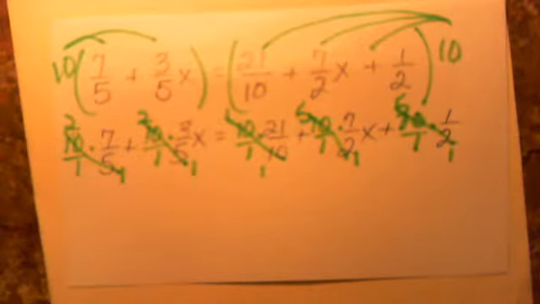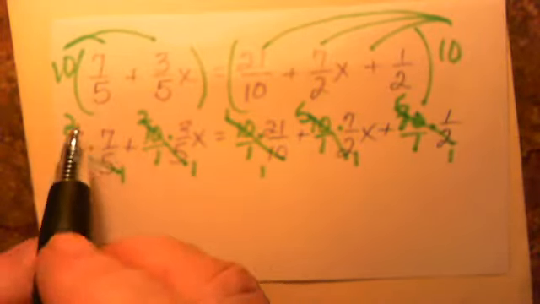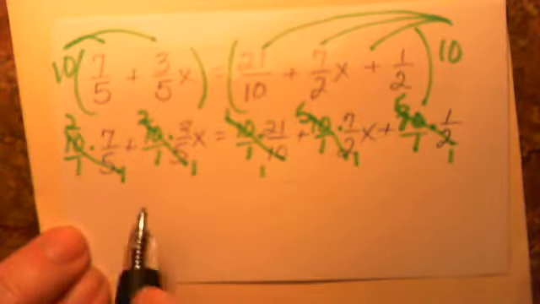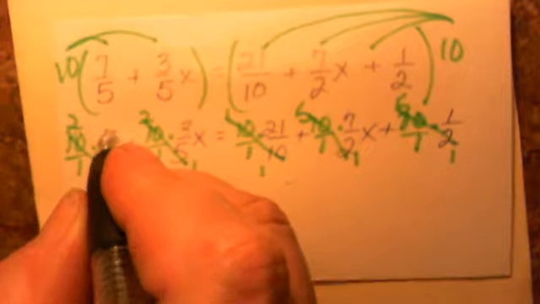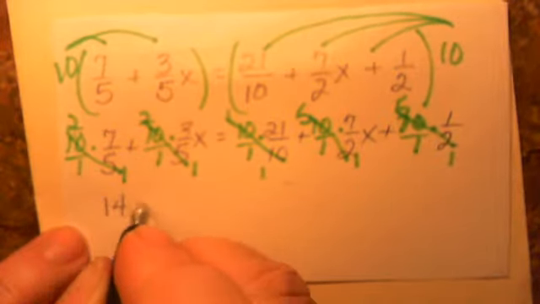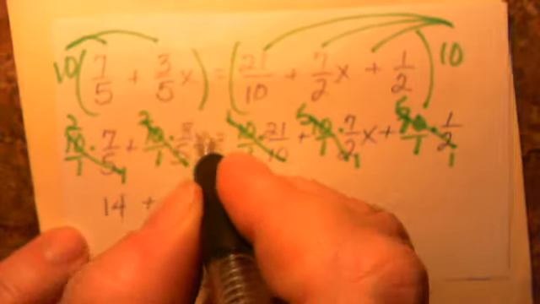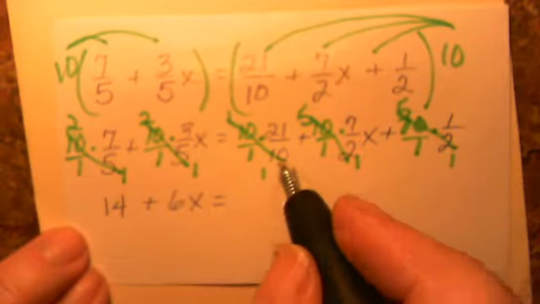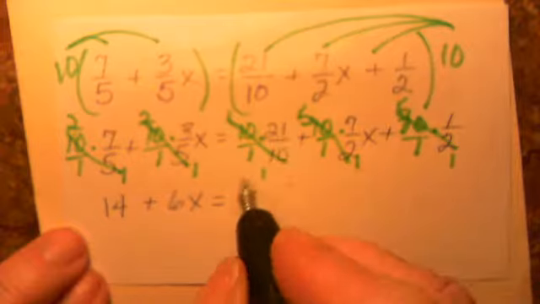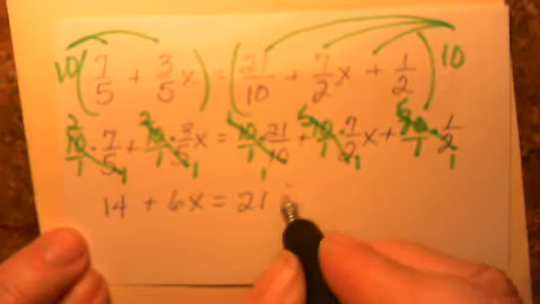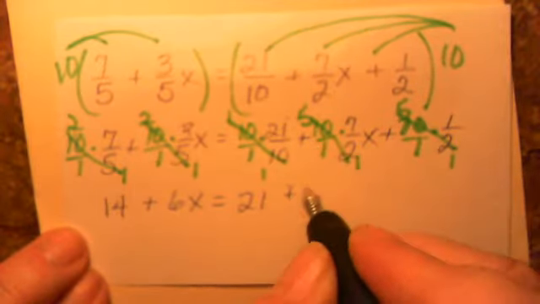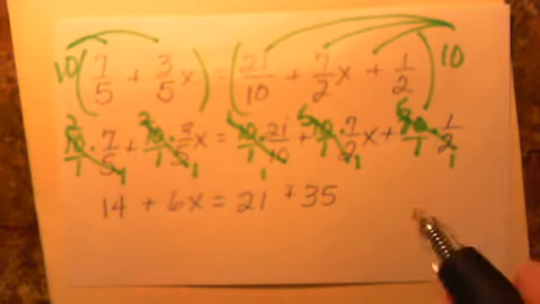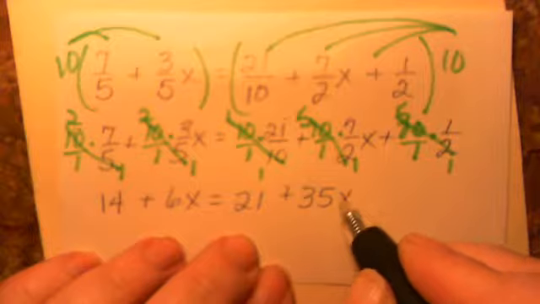And now let's go back through and see what we have. Denominators are 1 everywhere, so we're not writing any denominators. Numerator here is 2 times 7 for 14, plus 2 times 3x for 6x is equal to 21 plus 5 times 7x, 35x, plus 5 times 1.